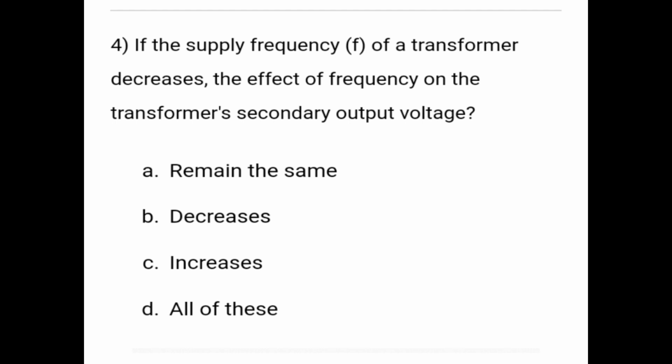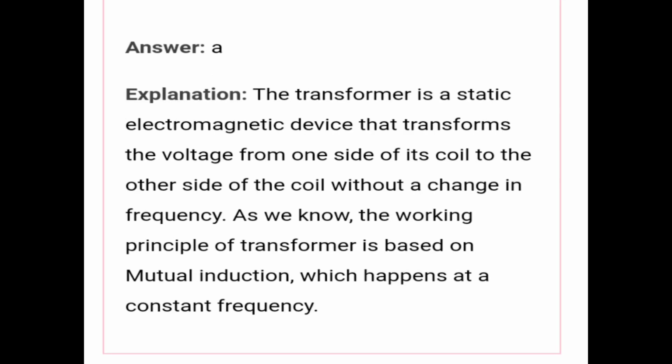Voltage and current may change, but frequency always remains the same. It is constant, it does not change. The explanation is that the transformer is a static electromagnetic device that transforms the voltage from one side of its coil to the other side without a change in frequency. As we know, the working principle of a transformer is based on mutual induction, which happens at a constant frequency.